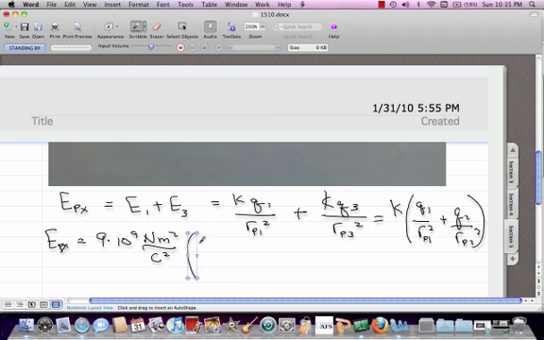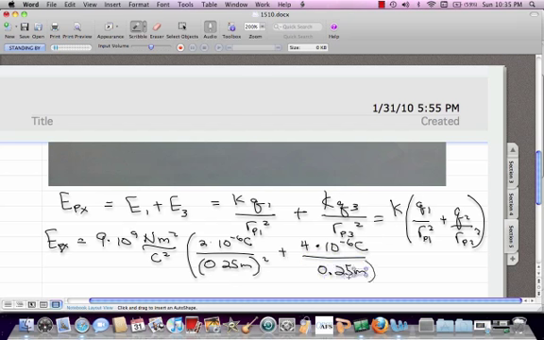And then my Q's, this one is 2 times 10 to the minus 6 coulombs over, and the distance is 0.25 meters squared, plus 4 times 10 to the minus 6 coulombs over 0.25 meters squared.